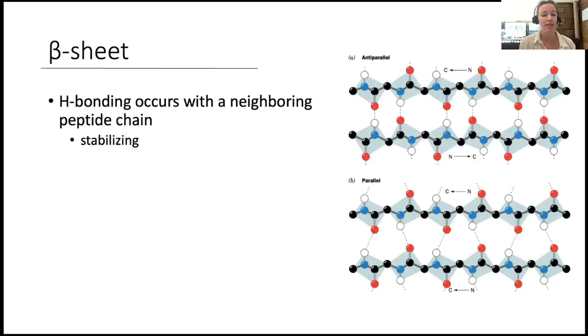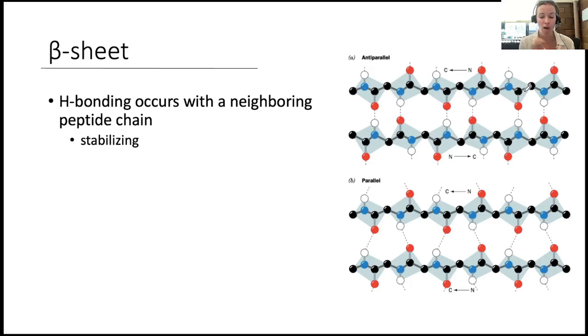The next type of secondary structure is the beta sheet. So in a beta sheet scenario, we have kind of just strings of the peptide. So rather than the peptide curling in on itself like an alpha helix, it's more flat, more linear.